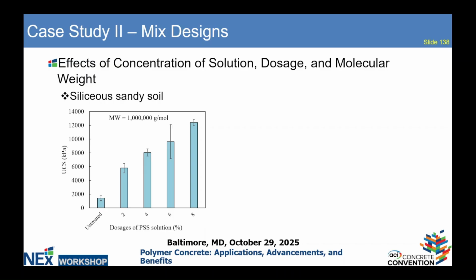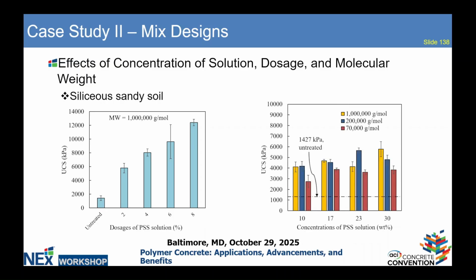The more polymer you add in there, it'll increase the strength. And then on the right-hand side is the effect of the concentration of the solution itself, as well as the molecular weight. Overall, there are some differences here and there, but you can see that if the molecular weight is higher, more or less, it'll contribute better to the strength gain. And of course, the higher the concentration, it'll be relatively better as well.